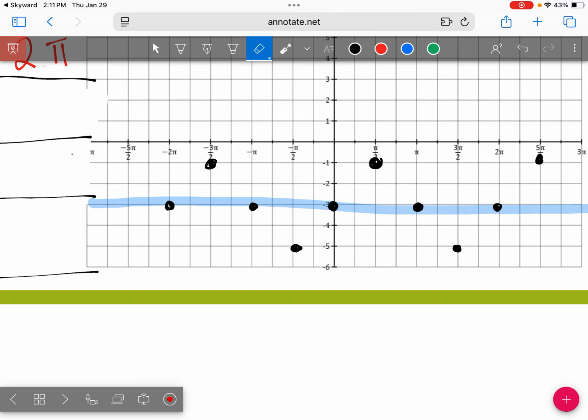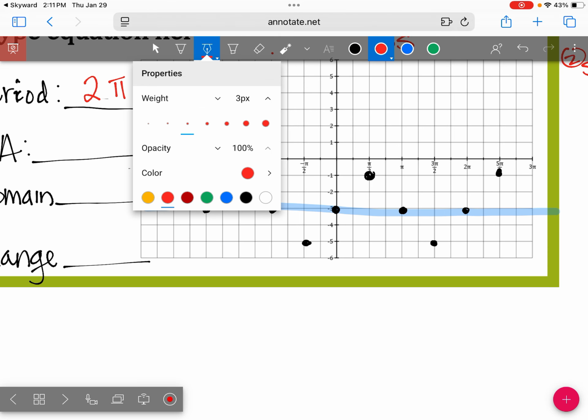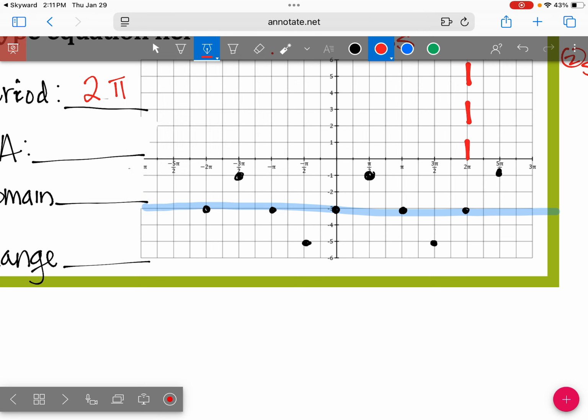So I want you to draw in your asymptote. Anytime you're on the midline, you have an asymptote. So let's go ahead and draw those in. So for me, I made my midline a light blue line. Every time I put a point on the light blue line, I'm drawing in a wall.